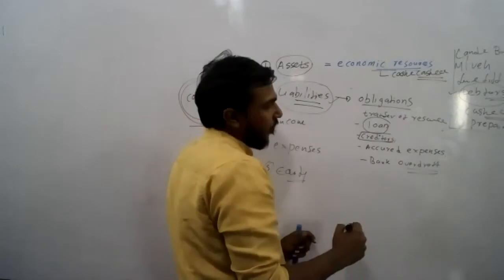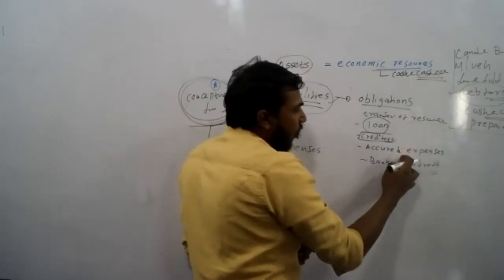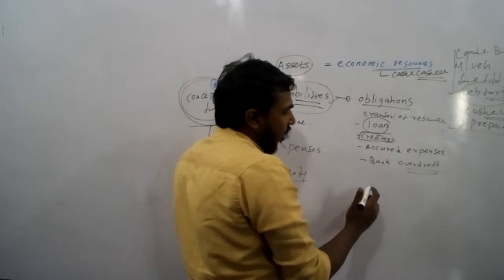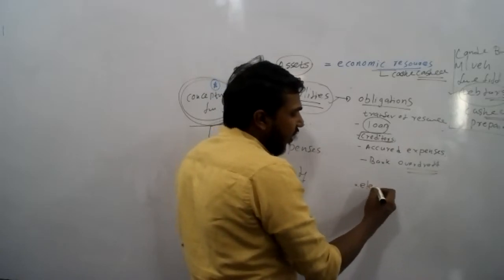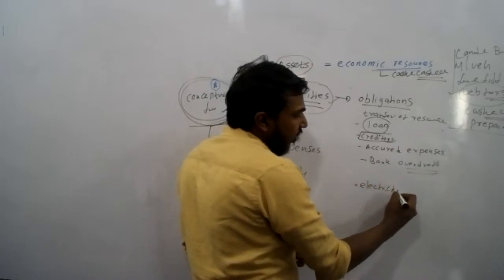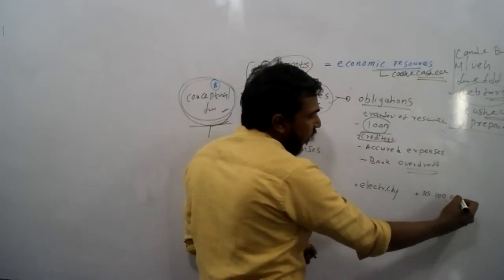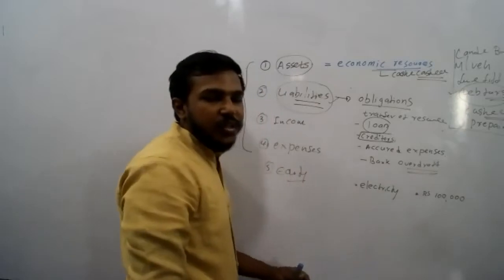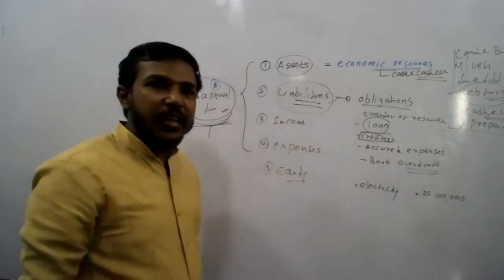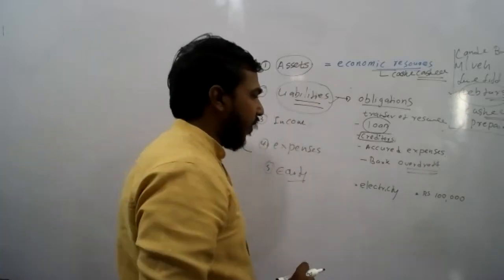But before that, what prepaid and accrued say is this: we'll say your electricity bill is rupees 100,000. Clear?